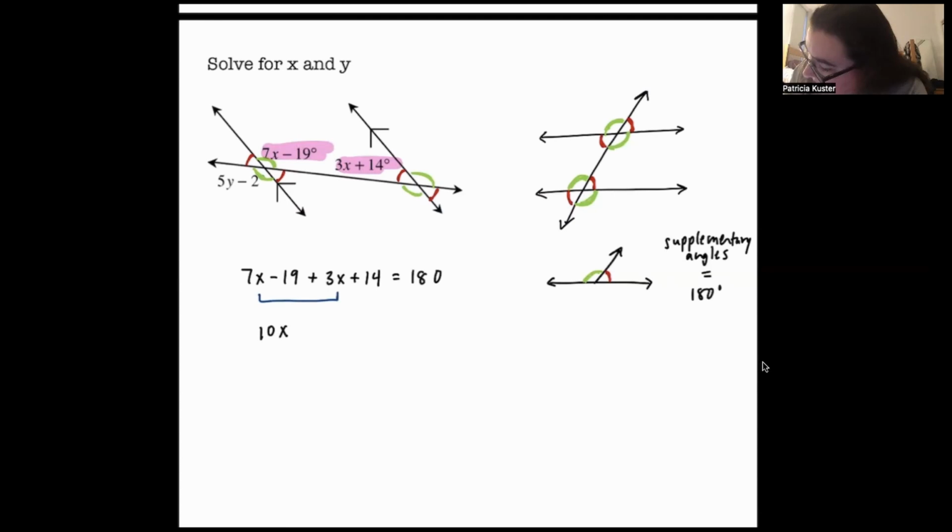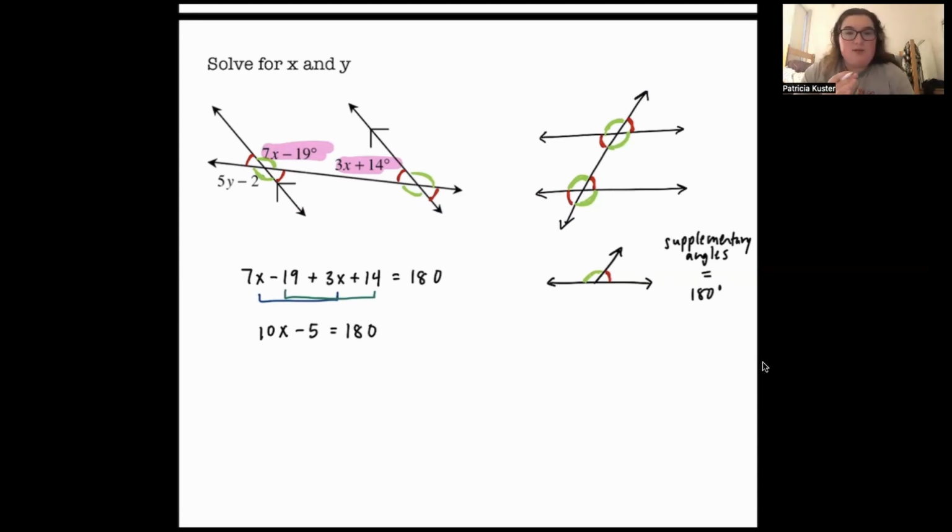And you also have negative 19 and 14. So negative 19 plus 14, you actually subtract those absolute values. So you have 19 minus 14 is 5. And you take the sign of the larger number, which is 19. So it will become negative 5. So 10x minus 5 equals 180.